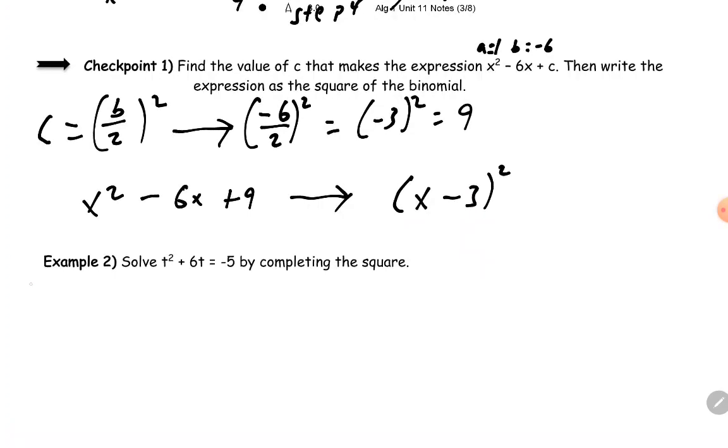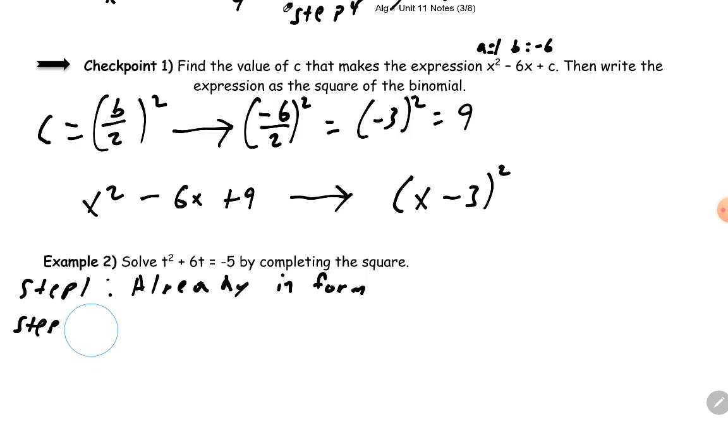All right, so step 1. We're trying to solve this equation here by completing the square. We want to put it into ax squared plus bx equals d. Well, it's already in that form, except instead of x, it's t. Step 2, we need to find our c value.